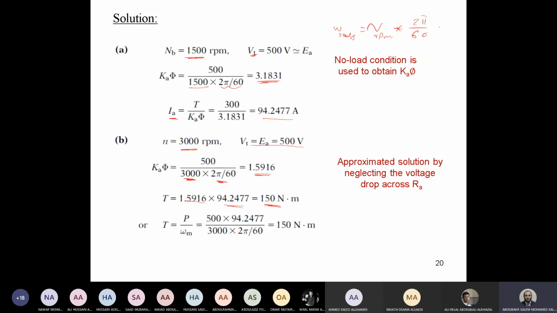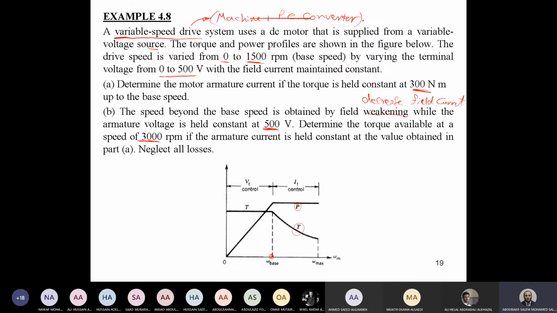This only comes due to the reduction in flux, or field weakening. Okay, guys? So this is an example of speed control using constant torque below the base speed, and constant power beyond the base speed. Okay, guys.